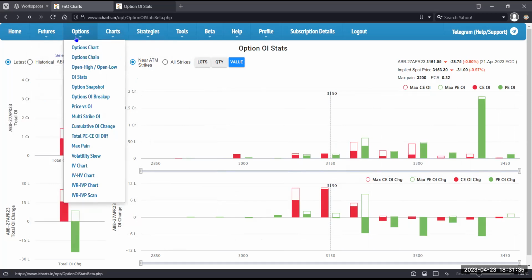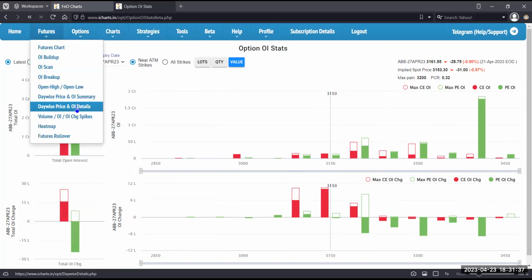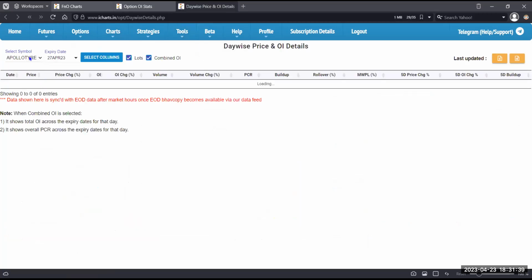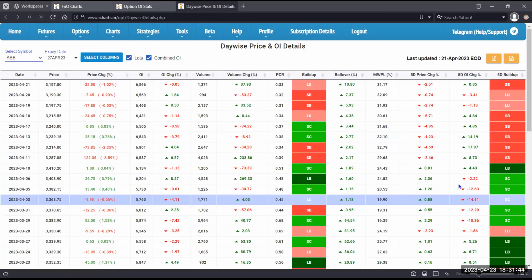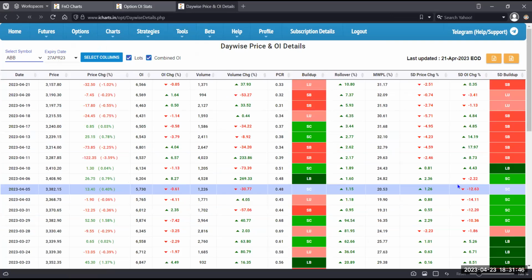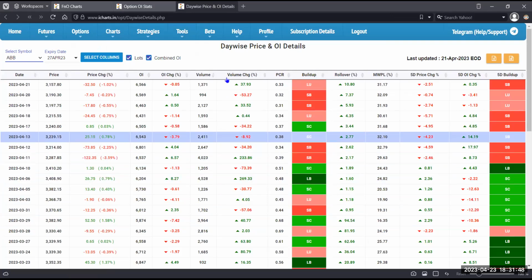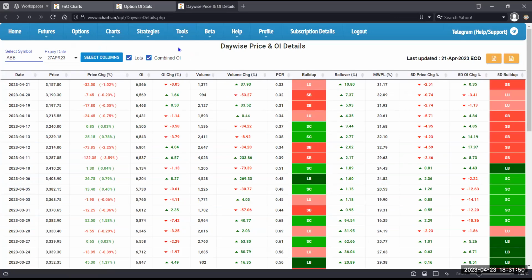Okay, understood. So ABB, right? Let me quickly look at ABB. The other aspect is ABB has already moved a lot. Another factor is that people are trapped.